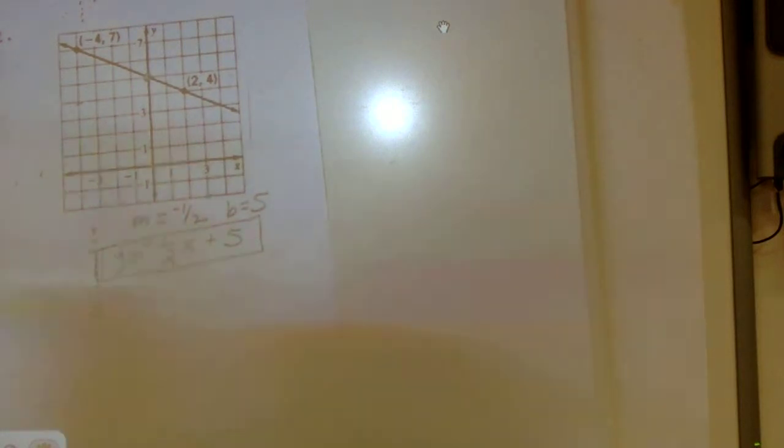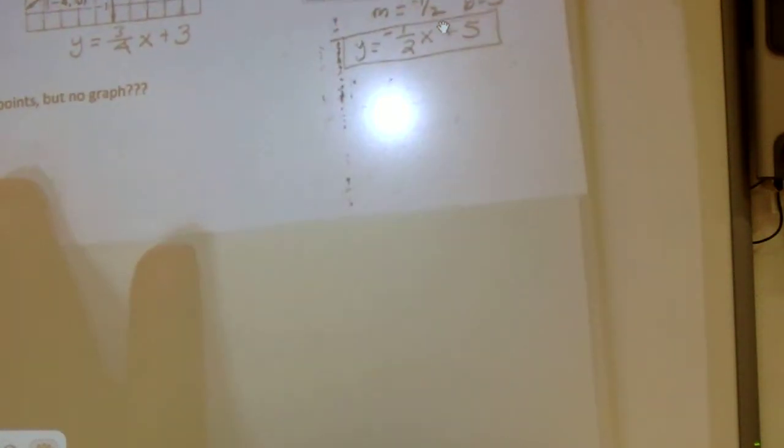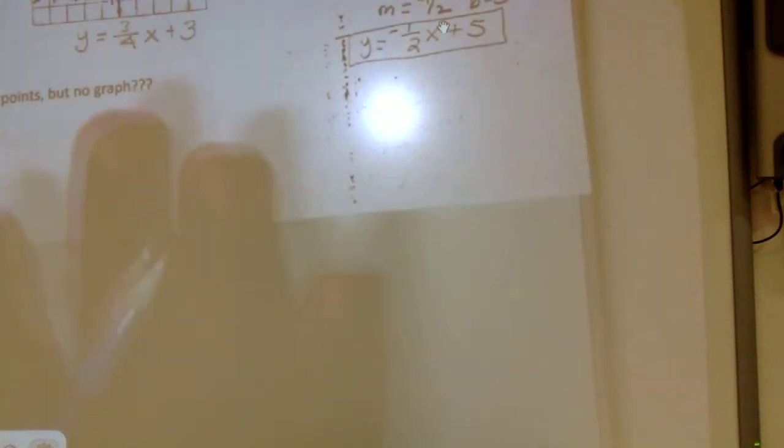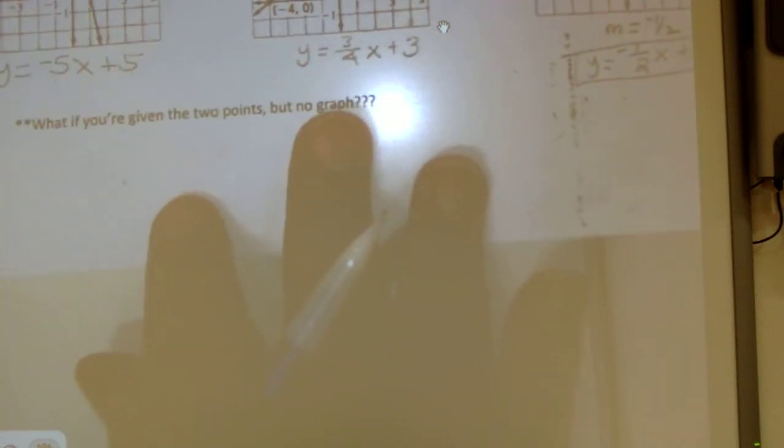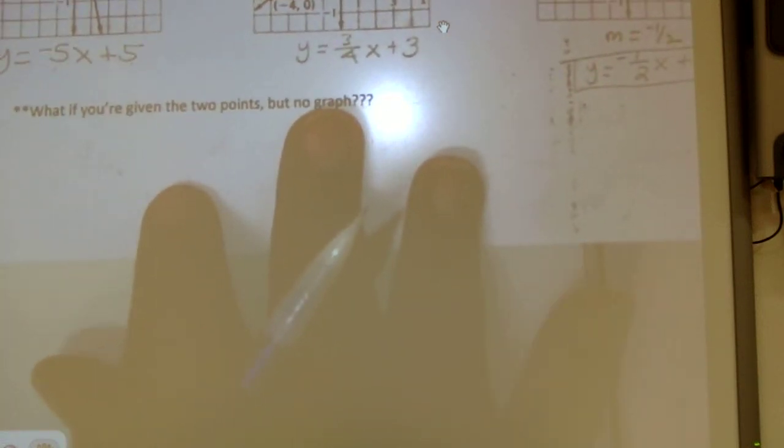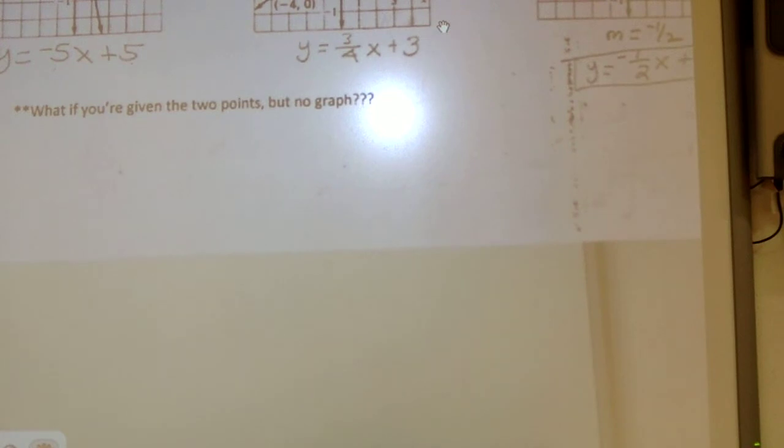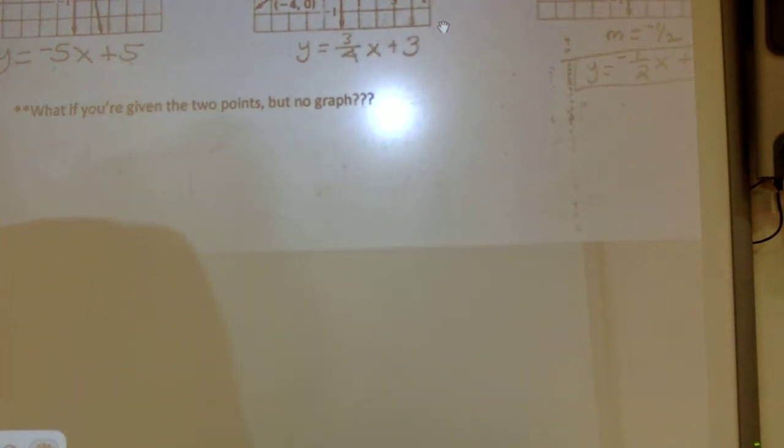Now the last thing on the bottom of your page says, what if you're given the 2 points but no graph? Because you know what? That may happen. You're not always going to get your graph, but they may give you the coordinates of the 2 points. So here's what you do, and I want you to write this down. You still have to find your m and your b.